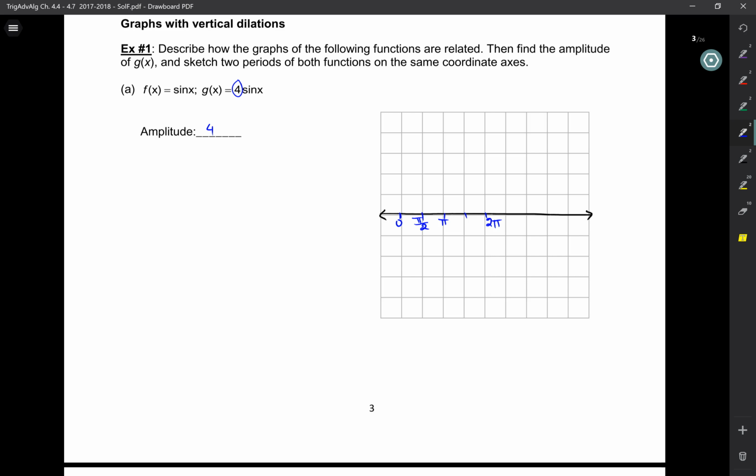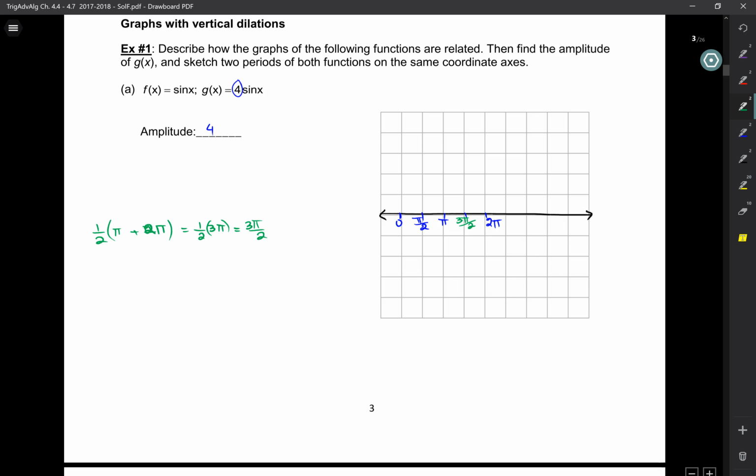So look at this one. I'm going to figure out this point, the point between pi and 2 pi. If you can't figure it out off the top of your head, you add the first point plus the last point, pi plus 2 pi, and then it's half of that. So this is going to be half of 3 pi, which is 3 pi over 2. So that's that point.